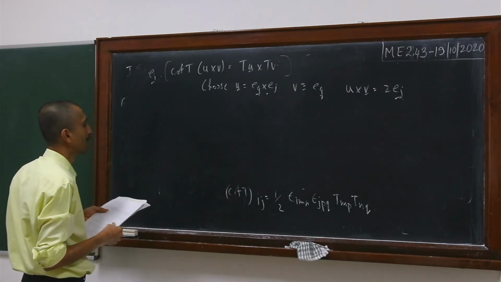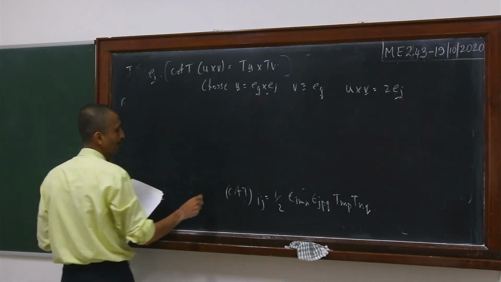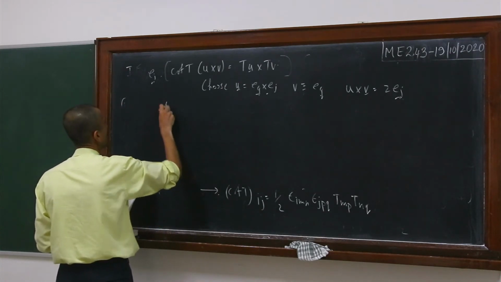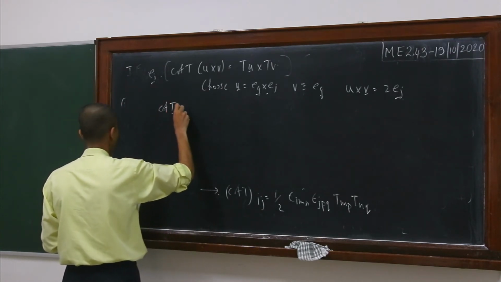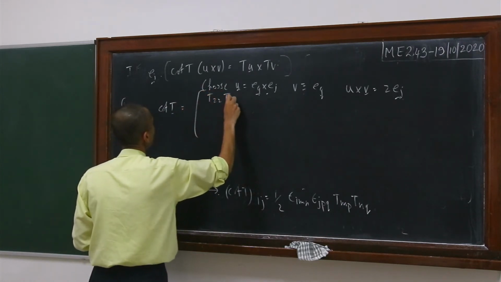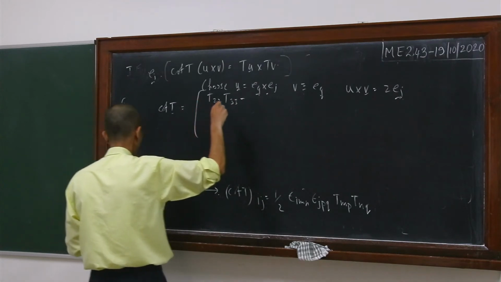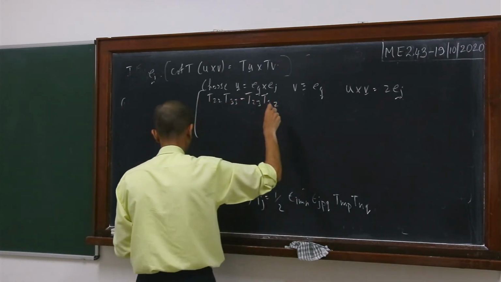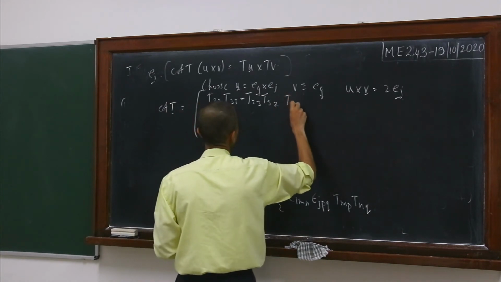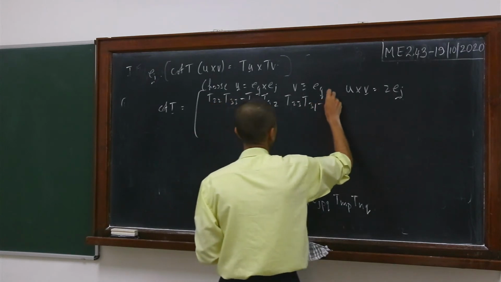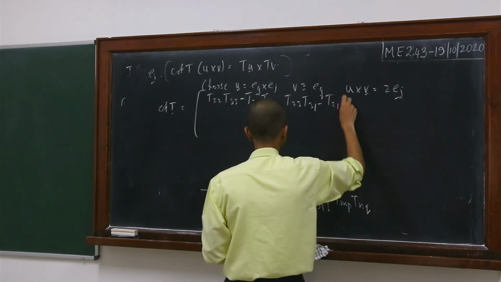So okay, I think you will be able to derive this after all with the method that I have indicated here. If I actually write out this particular formula in matrix form, let us see what it looks like. So the cofactor T matrix will look like T22 T33 minus T23 T32, T23 T31 minus T21 T33.